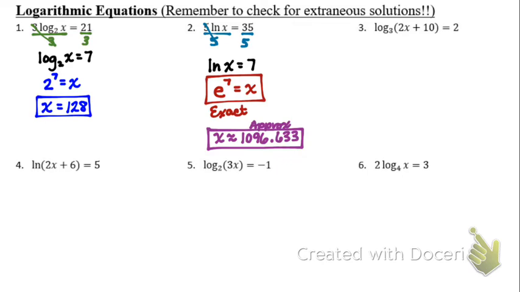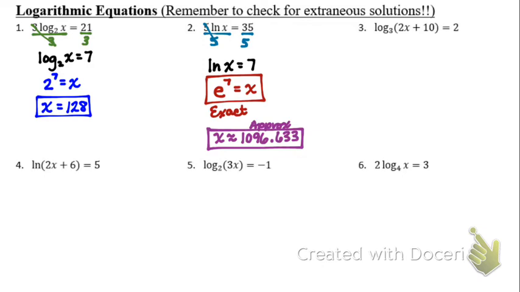Number 3. What do I do? 2x plus 10 is an argument. It's having a log done to it. What undoes logs? Exponents. So I need to rewrite this as an exponential so that I can isolate that argument.